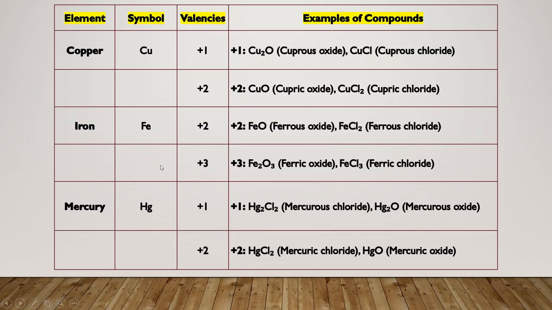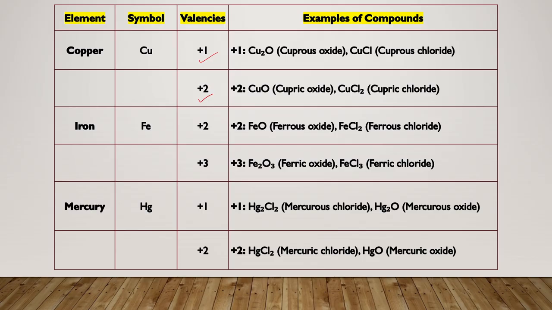In this table you can see different elements which show variable valency. Copper, as I already told you, can have +1 valency, or sometimes +2 valency. Here 2 is greater, isn't it? So it is showing higher valency, and this is lower valency.